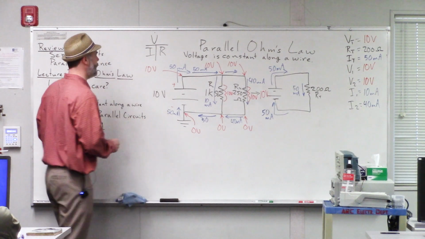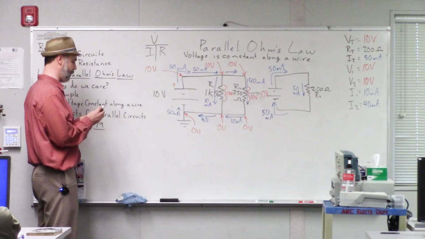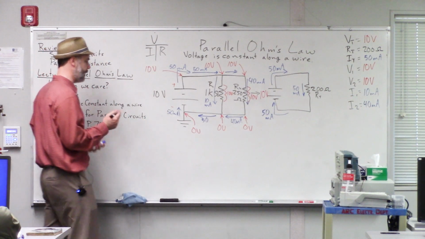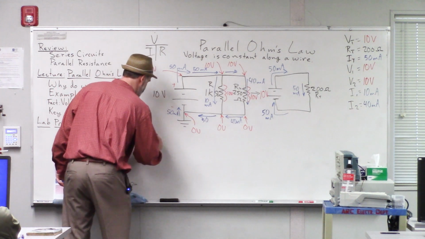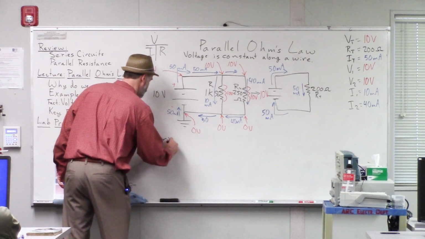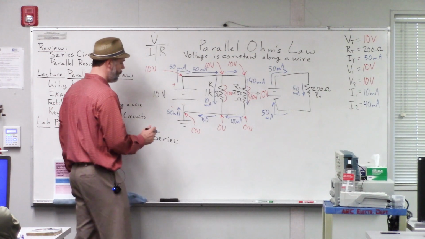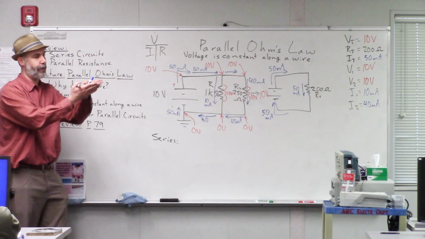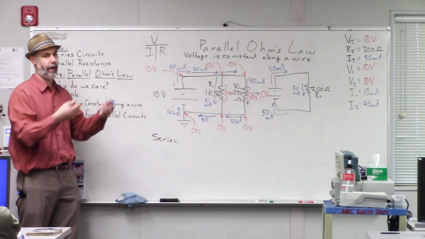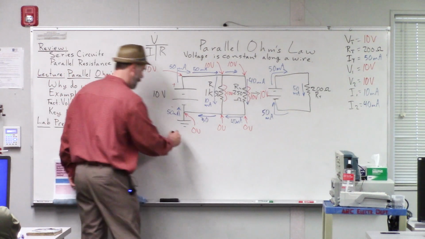So I just wanted to take a second to remember some things about series and parallel circuits. So we said that in the series circuit, the current that flows out of one component has to flow right into the next.